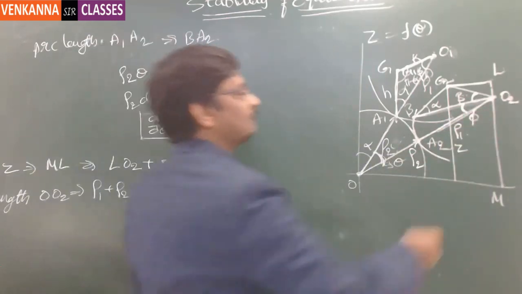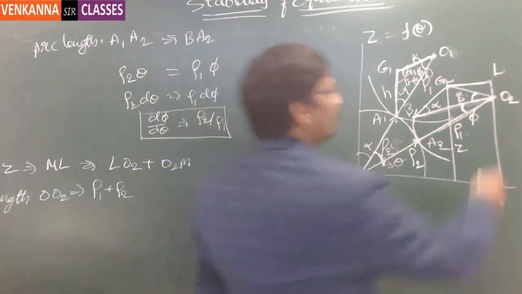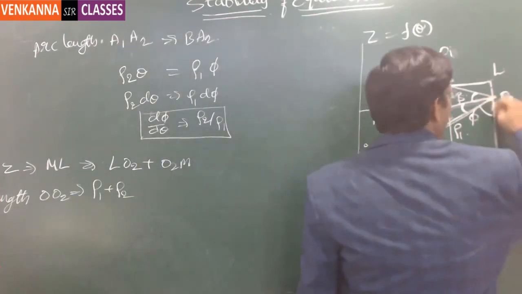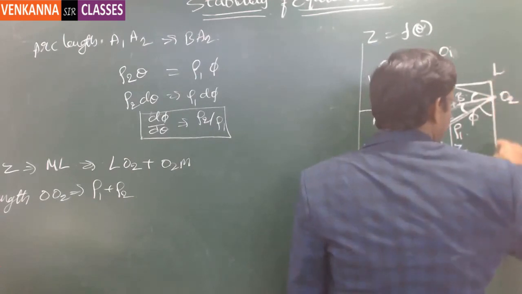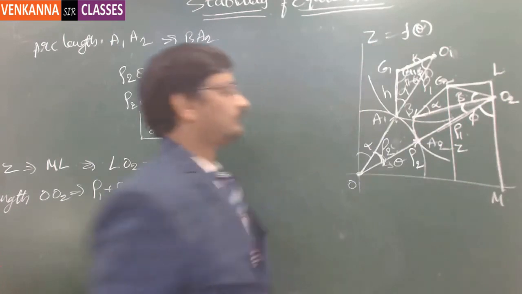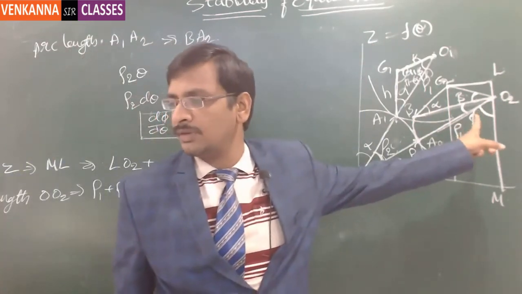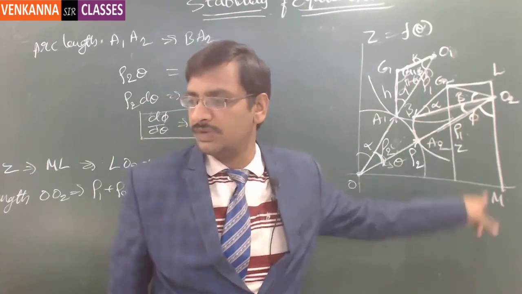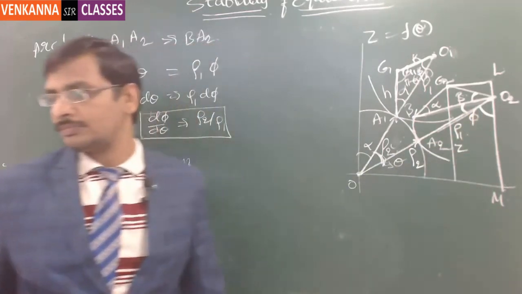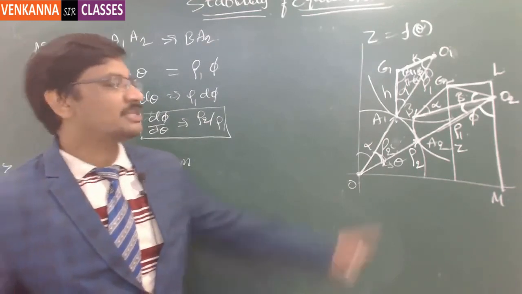So I can express this height as a function of rho 1, rho 2. For that I need to calculate this angle. So this is a vertical line. What will be this angle, from OO2 to this vertical line? How can we express that angle?